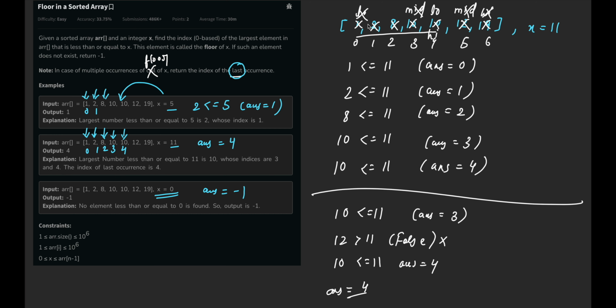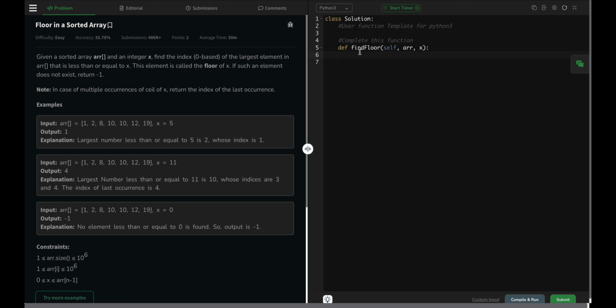So let's code this approach. We are in our code editor. Let's mark the low and high pointers. Also, let's make a variable answer, initially assigning it -1. This would be to store the possible index of the floor element. Now let's run a loop where the low pointer would continue until it's less than or equal to high. Also in the meantime, we will be finding the mid index.